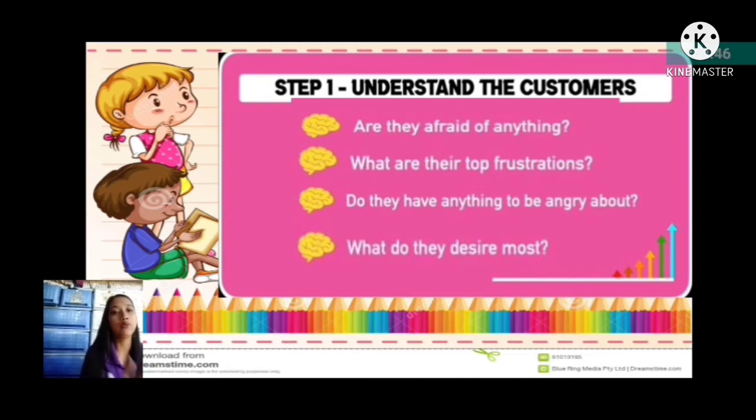That may lead your product to sell or your service to benefit the consumers or the customers. So once you understand the psyche of the customers, it is easier to pitch your product or services.